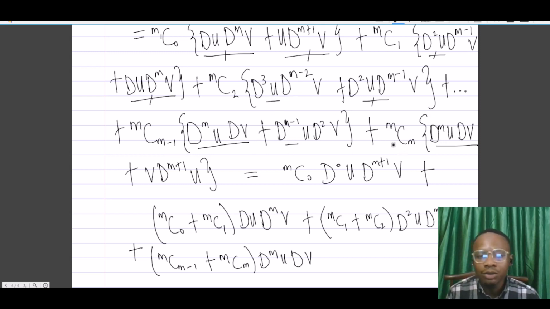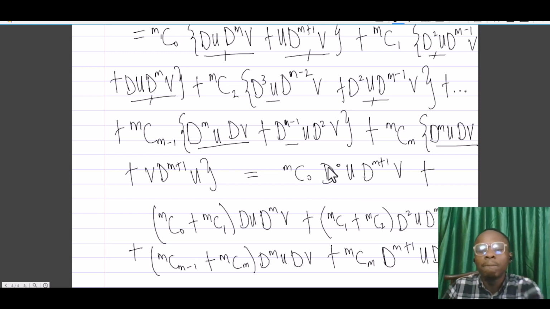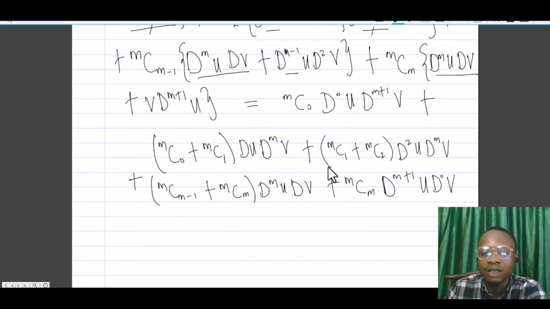And for the final portion, we will have this expression. So we can see that finally we're going to have plus m combination m into the m plus 1 u, v multiplying the m plus 1 u. So we can write that as the m plus 1 u, then the 0 v. So this is all that we have so far.